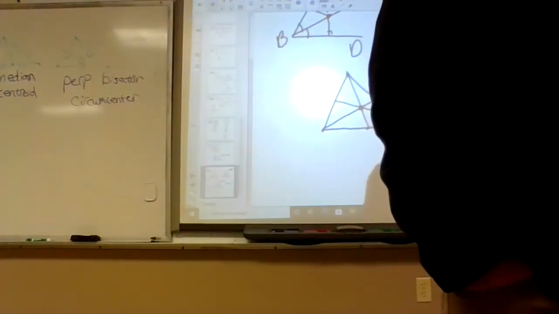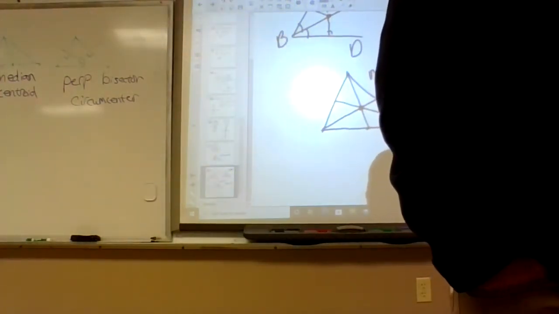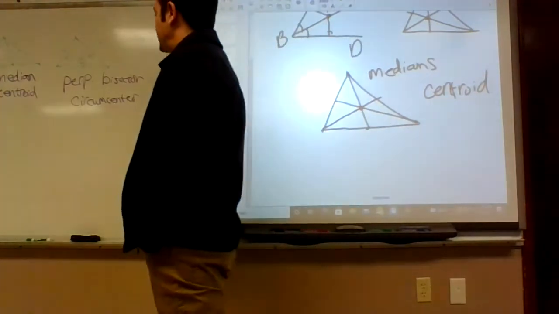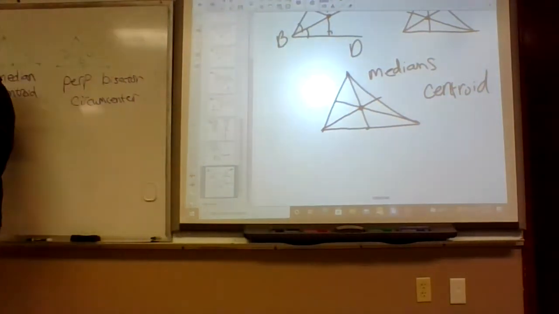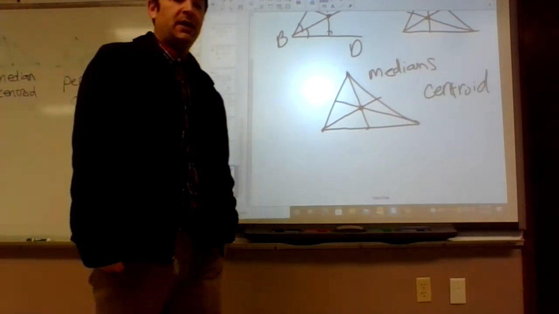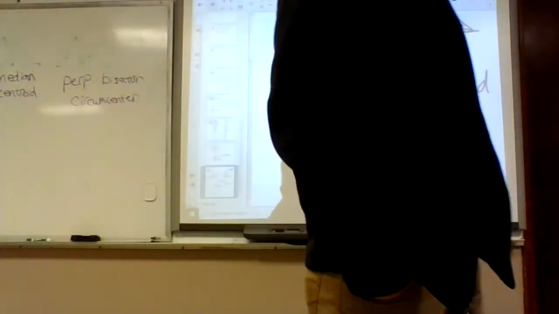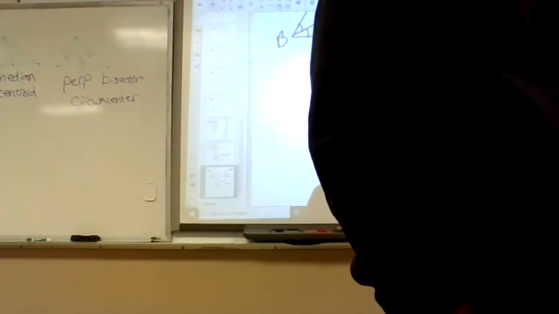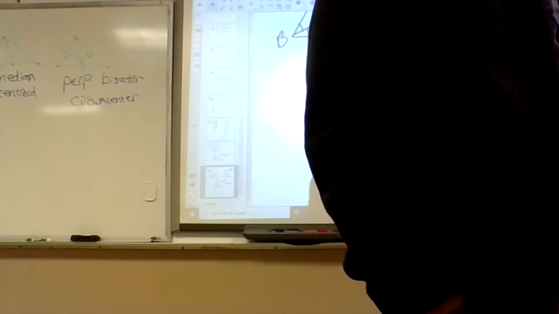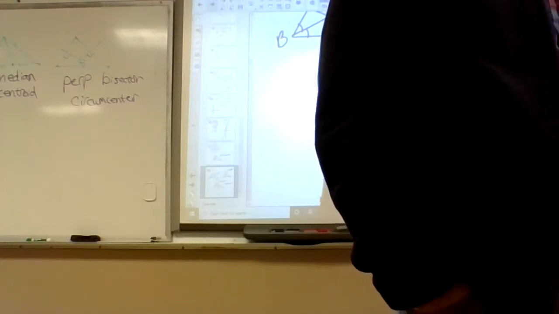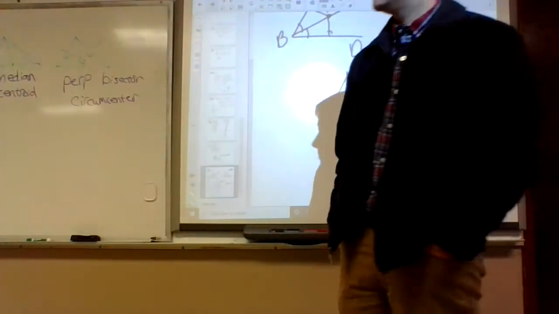Okay, number 3. Point S is the what of the triangle? Where do angle bisectors meet? Incenter. So point S is the incenter of triangle PQR, because a circle with radius ST is the blank circle.